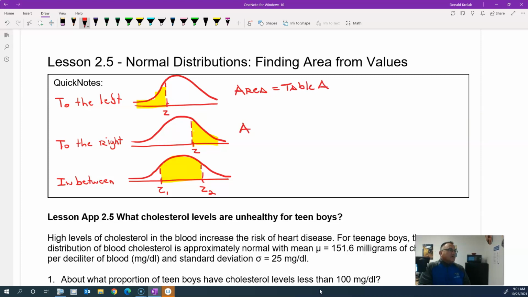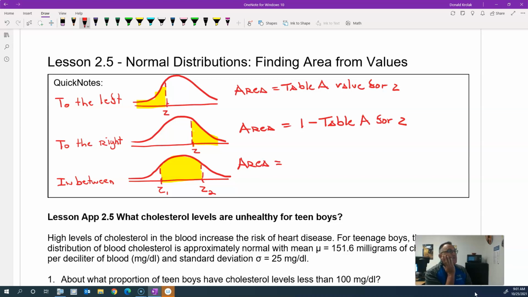Okay, the second one, your area is equal to 1 minus the table. And then the last one, you take the bigger one and you subtract the smaller.